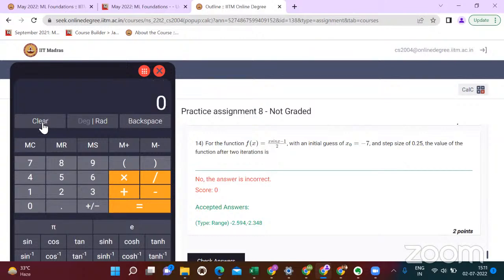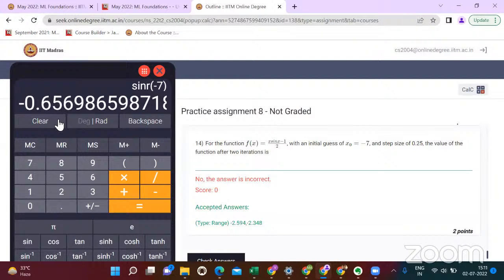Sir, will you please write it in brackets so it will take -7 and then sine? Yes, it is getting right.